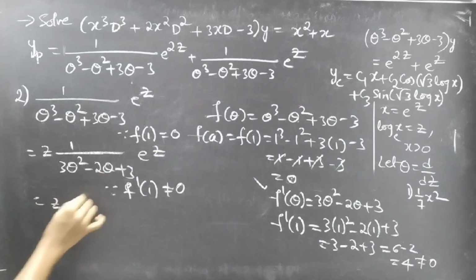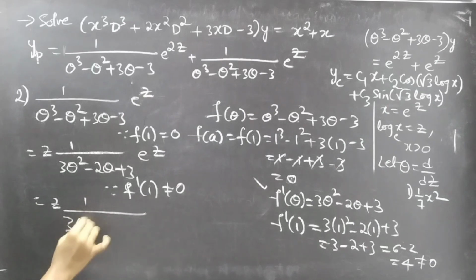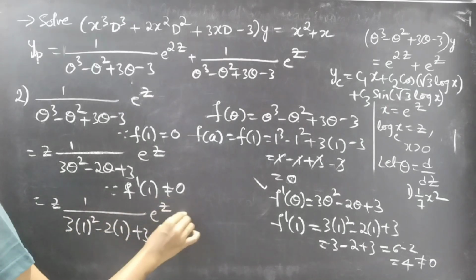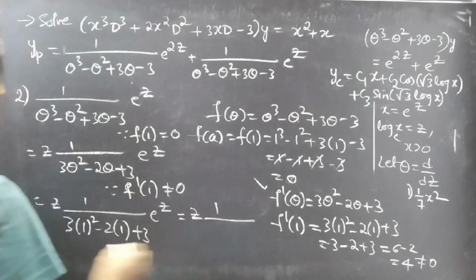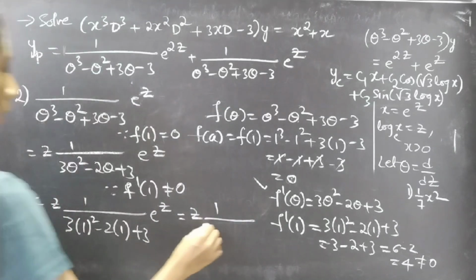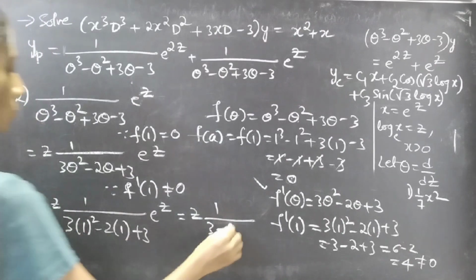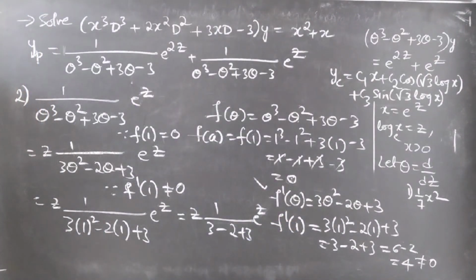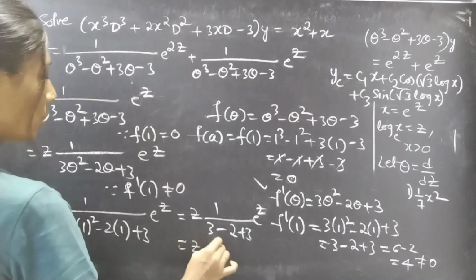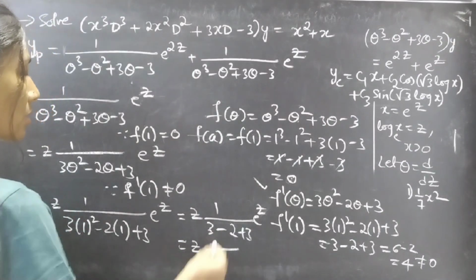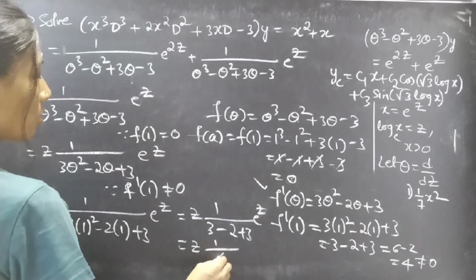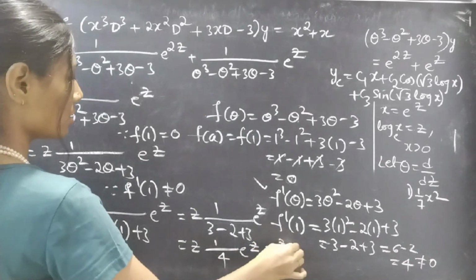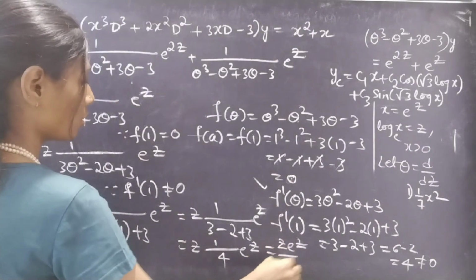We'll get z into 1 by 3 into 1 square minus 2 into 1 plus 3 into e power z, which equals z into 1 by 3 into 1 square is 3 minus 2 into 1 is 2 plus 3 into e power z, right? Which equals z into 1 by 3 plus 3 is 6, 6 minus 2 is 4 into e power z, or we can write it as z e power z by 4.